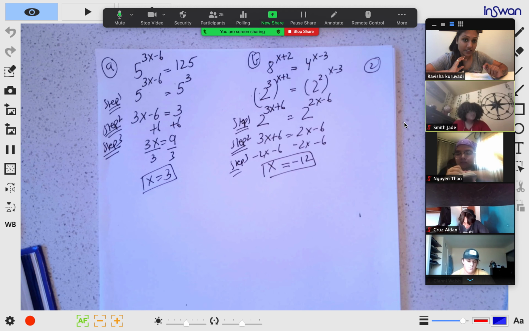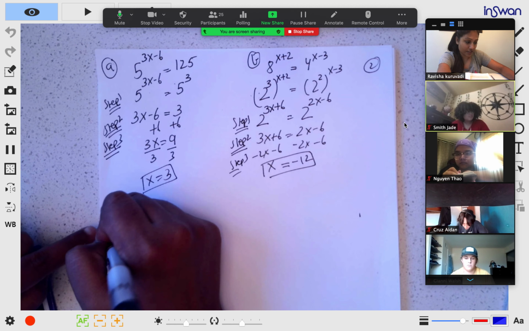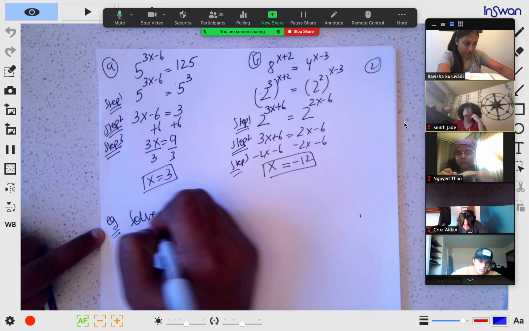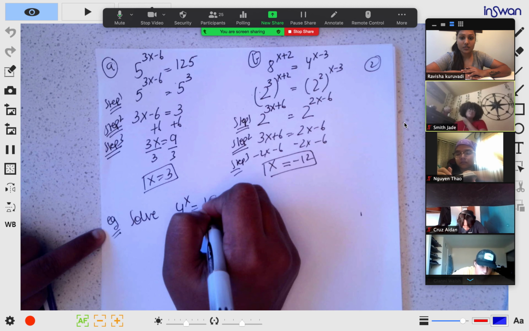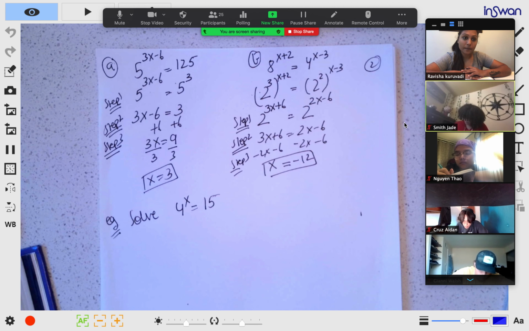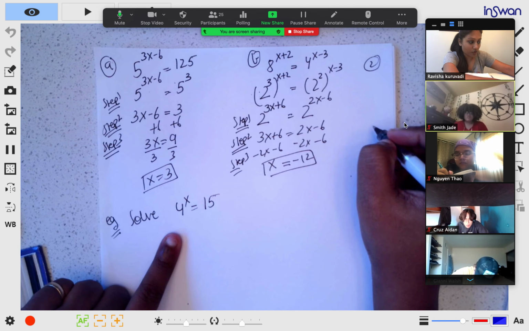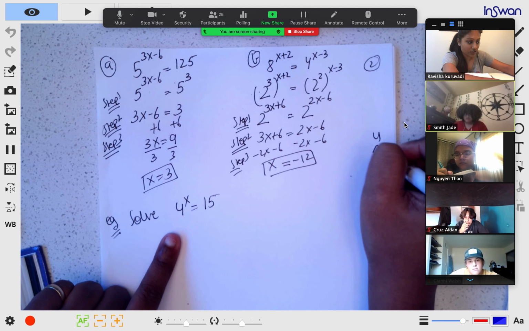Next method is, suppose I say here, for example, solve 4 to the power x is equal to 15. I say solve this thing now. Factors of 4 are 2 and 2, and 15 is 3 and 5.